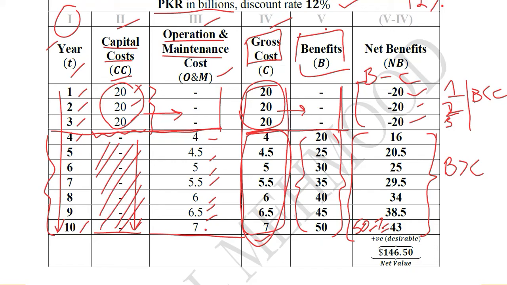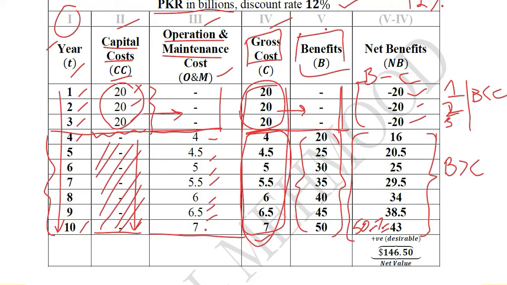Now, this was the situation on yearly basis, but we have to come up with an overall value of the project, because we have to give one value to see the overall health of the project.